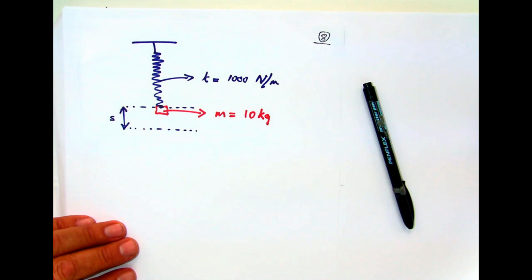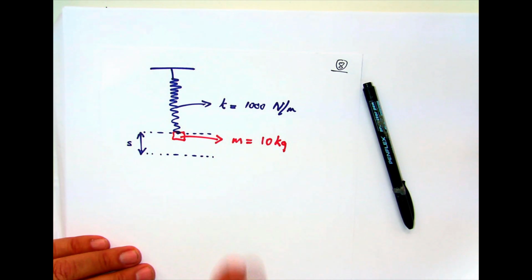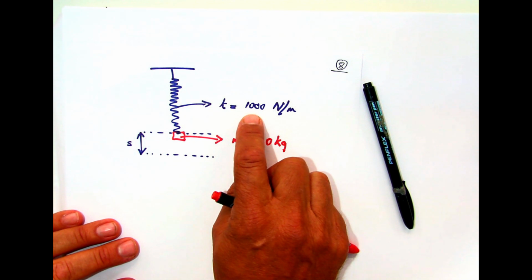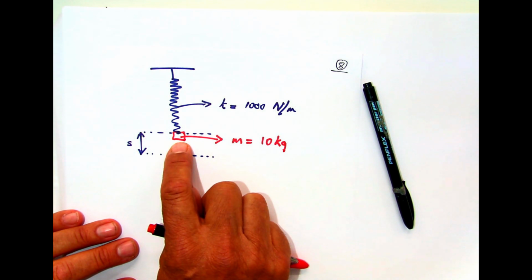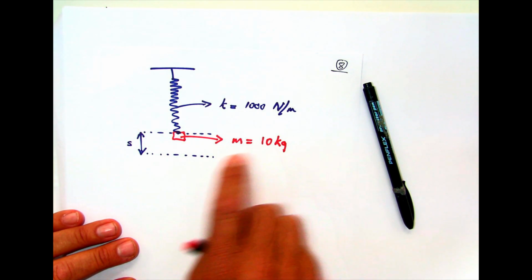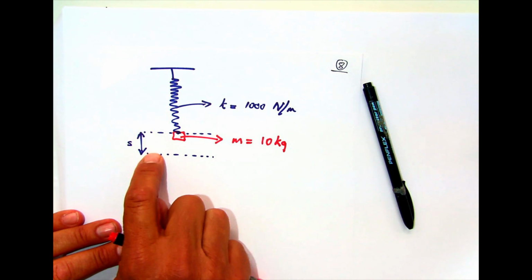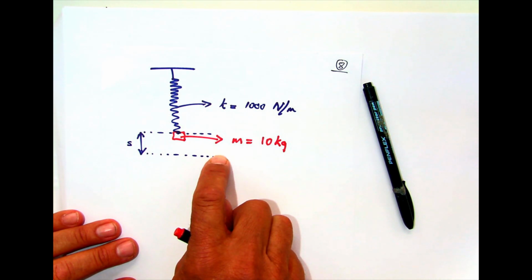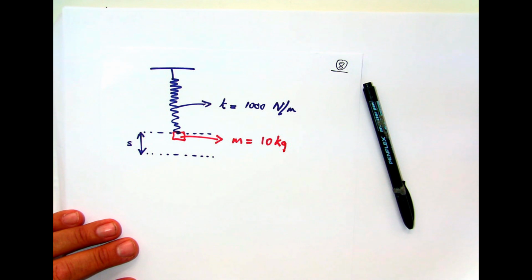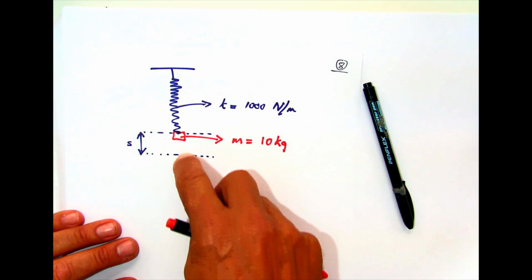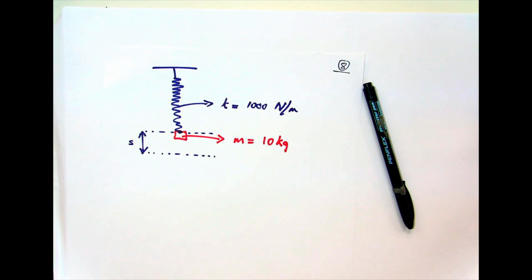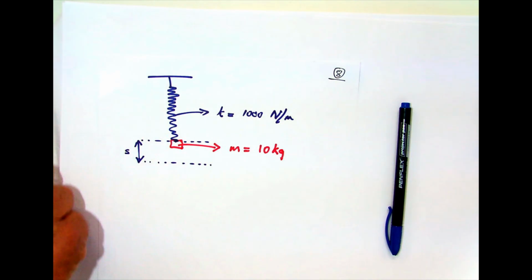Let's say you have a spring with a spring constant of 1,000. You attach a mass to it, 10 kilogram. The question is, what is this distance before it's in equilibrium? You attach the mass to it, it extends, and it stops somewhere over here.